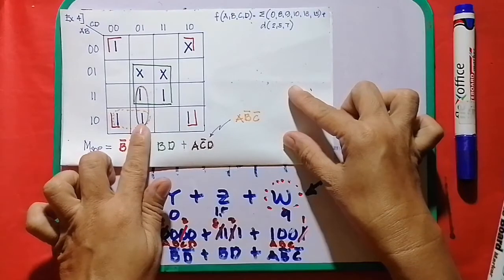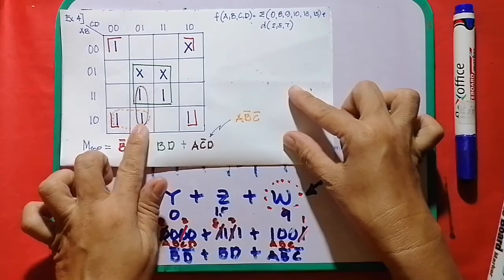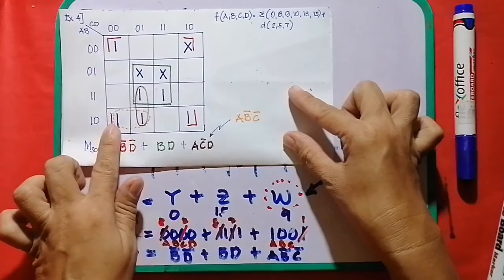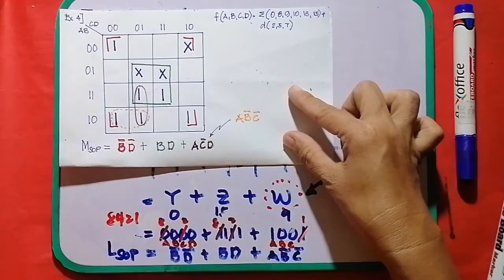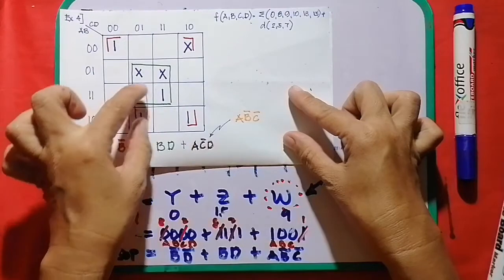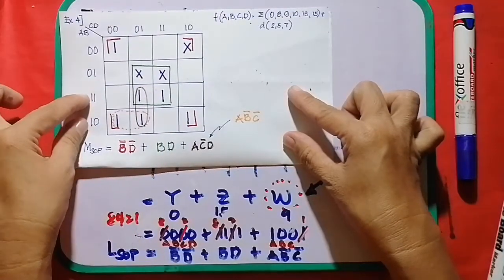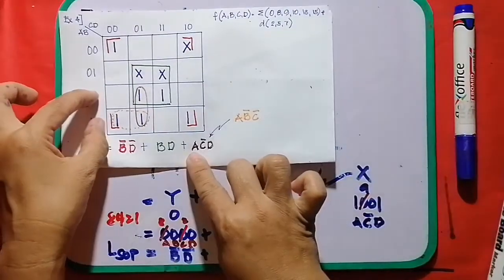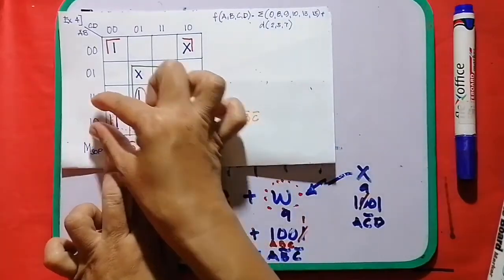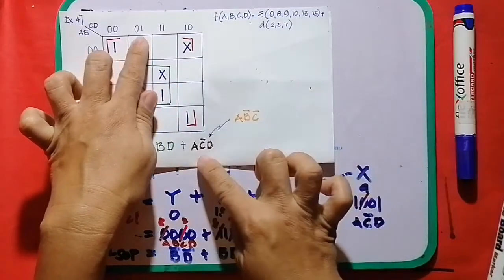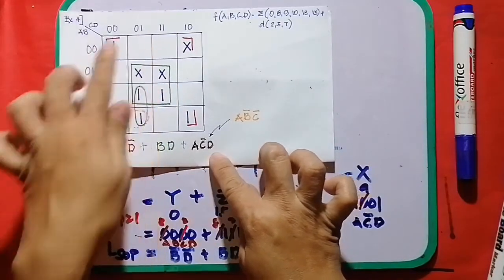For the one in here, you may opt to group this one here with this one here, or you may group it with one here. Okay? So if you opt to group it here, this will occupy two rows, 1, 1, and 1, 0. 1, 1, that will be your A. 1, 0 is cancel. So 0, 1, that would be not C and D. Okay?